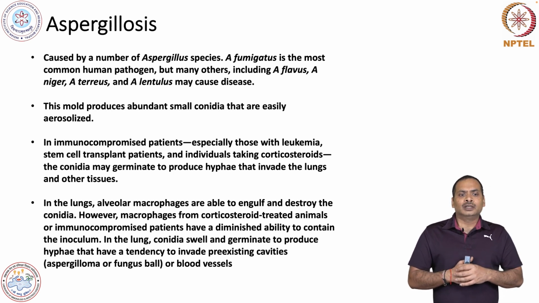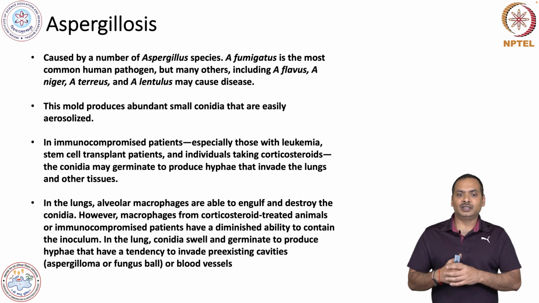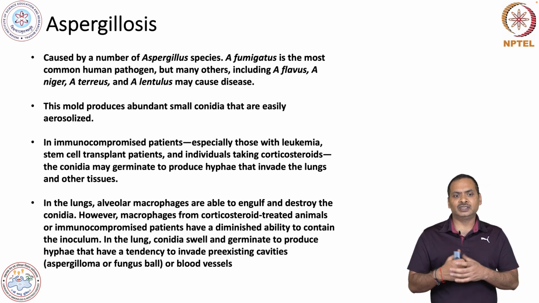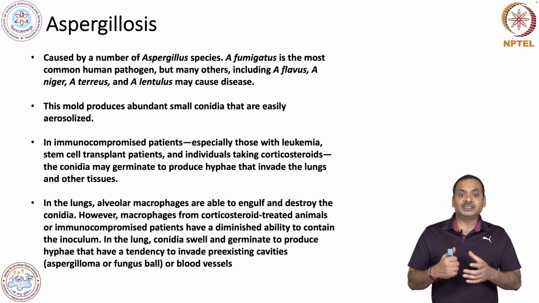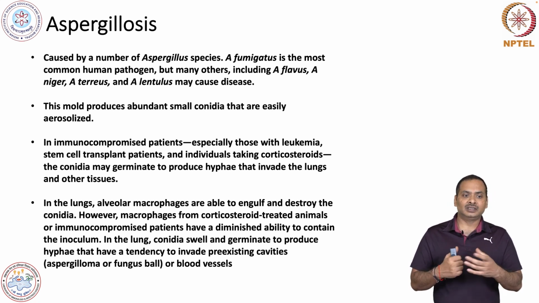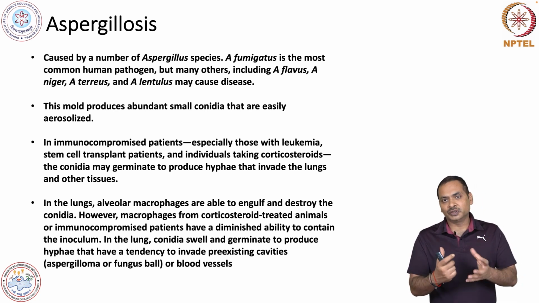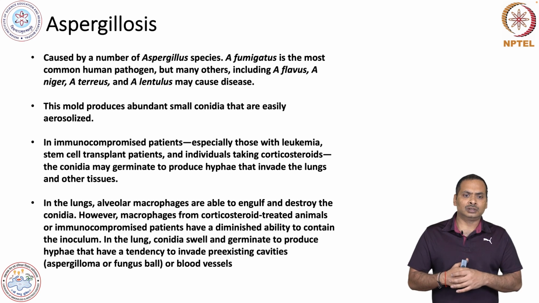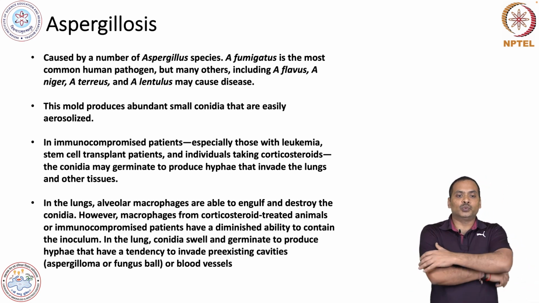In the lung, conidia swell and germinate and produce hyphae that have a tendency to invade pre-existing cavities, and then an aspergilloma or fungal ball will be formed, or it may also be present in the blood vessels.